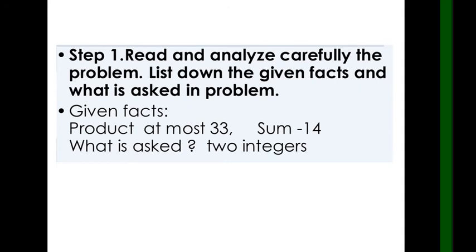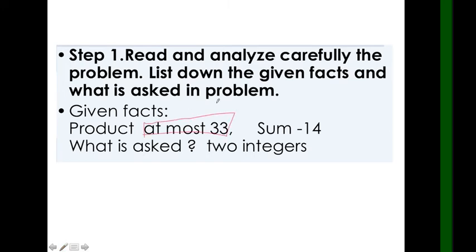So step 1, read and analyze carefully the problem. List down the given facts and what is asked in the problem. So given facts: the product is at most 33 and the sum is equal to 14. What is asked? What are the two integers? So the product is at most 33.